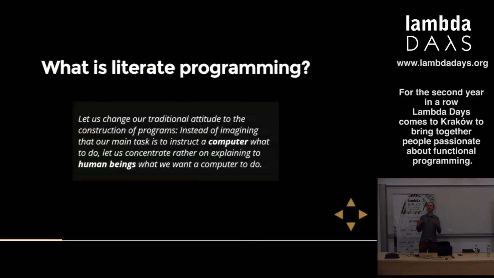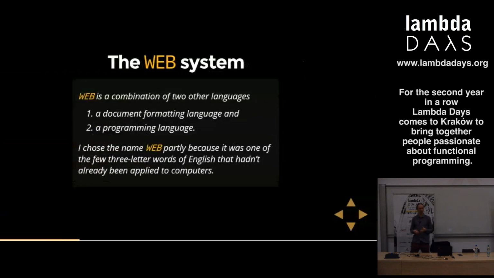So it's equally important to explain what the program does to humans as it is to explain this to the computer. And Knuth had this system called WEB. If you look at the quote down there, he says, I chose the name WEB, partly because it was one of the few three-letter words in English that hadn't been applied to computers. So you can see it's an old idea.